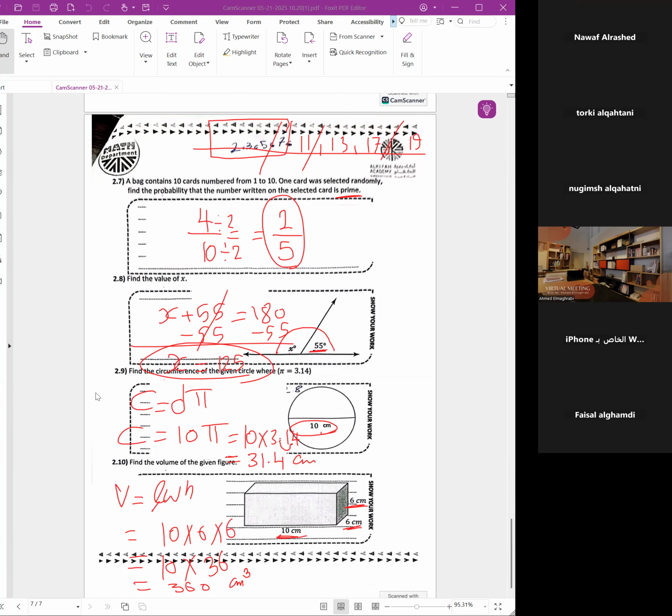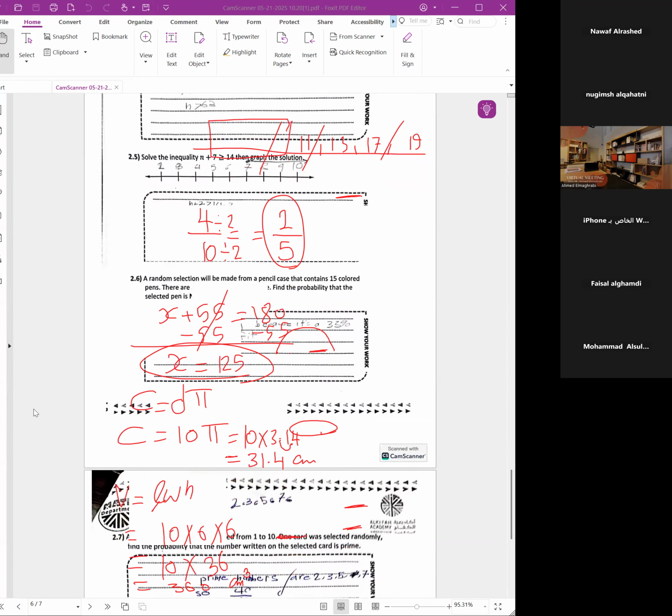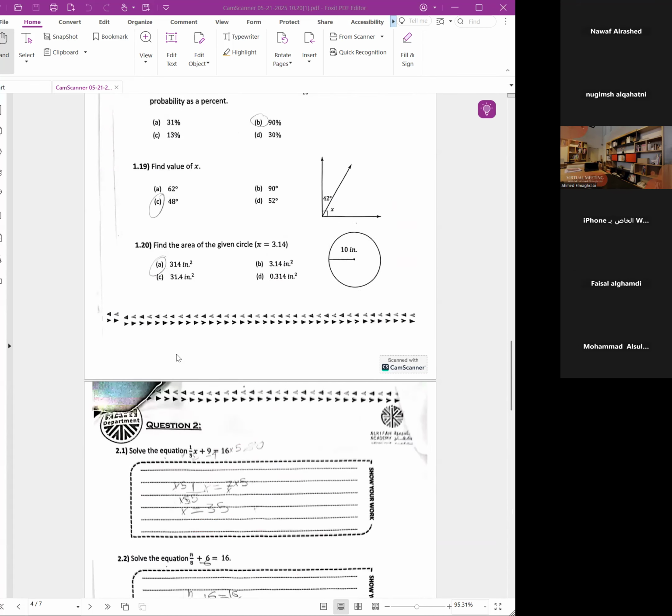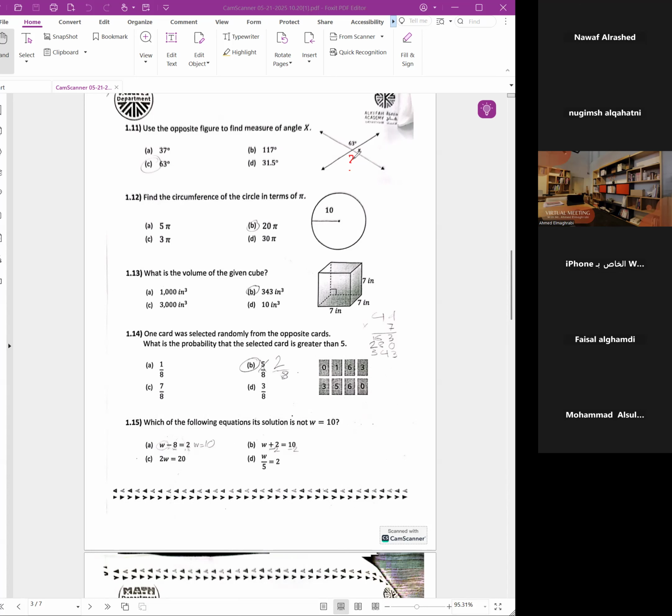Mister, I didn't understand 1.11. Yes, look, Zaid. If I ask you to get the measure of this angle, you tell me it's 63, no problem, because they are vertical angles.